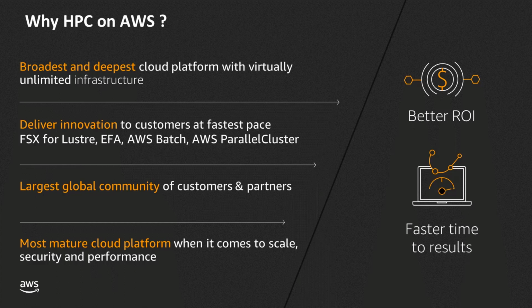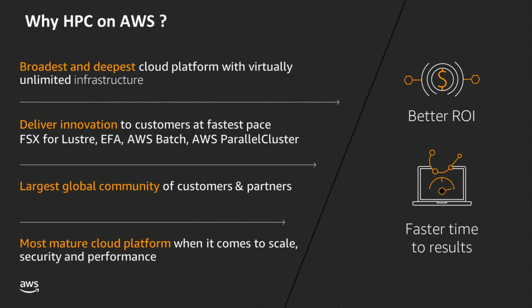If you need to go from, say, 100 instances to thousands of instances in minutes, AWS enables this elasticity. By eliminating job queue times and scaling your cluster as high as needed and when you need it, you can reduce the time to market or, say, a publication. Also, the agility of AWS allows you to fail fast and iterate quickly, and this reduces time to results.